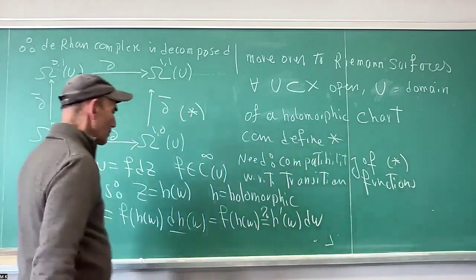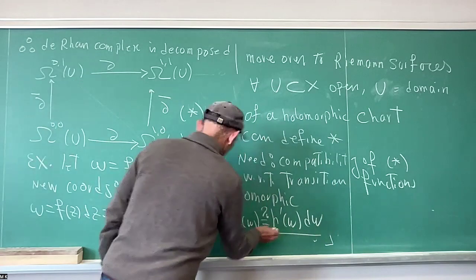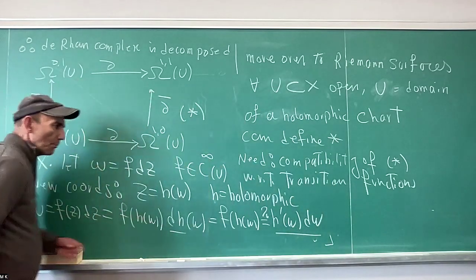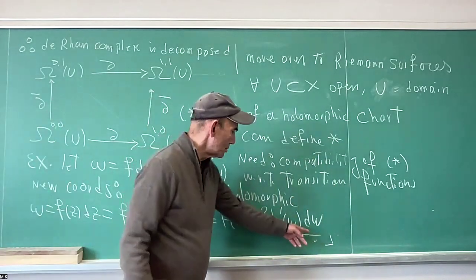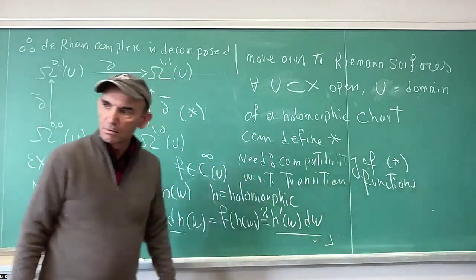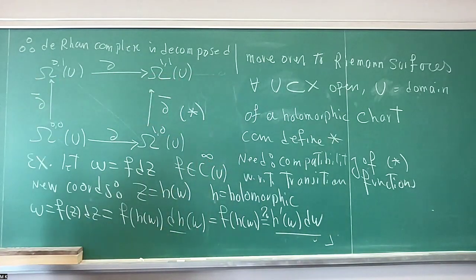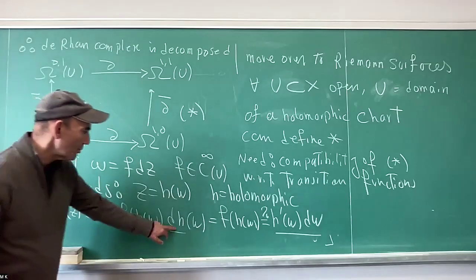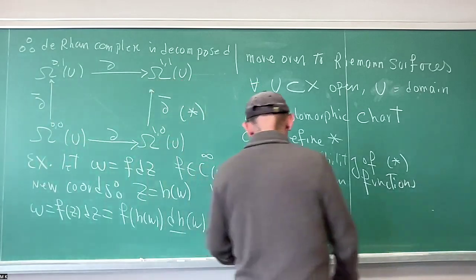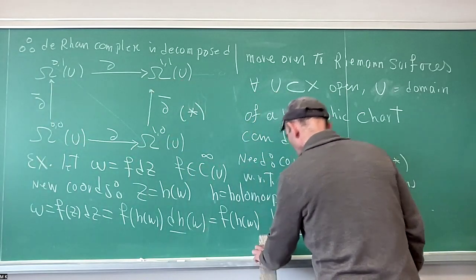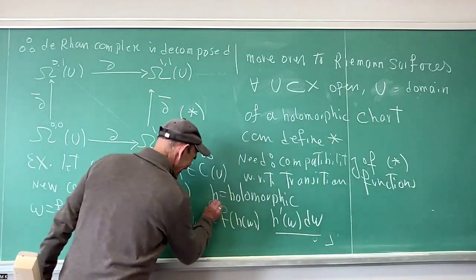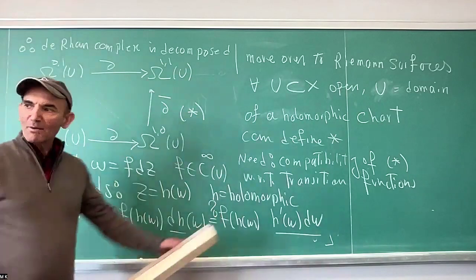If you believe in this, then you're done, right? So f of h of w times h prime of w. I meant to put a question mark here.